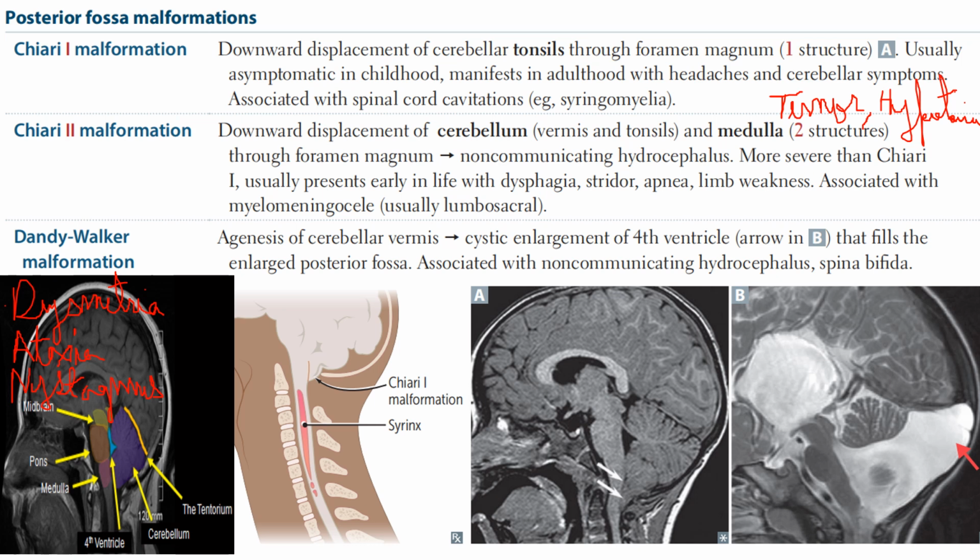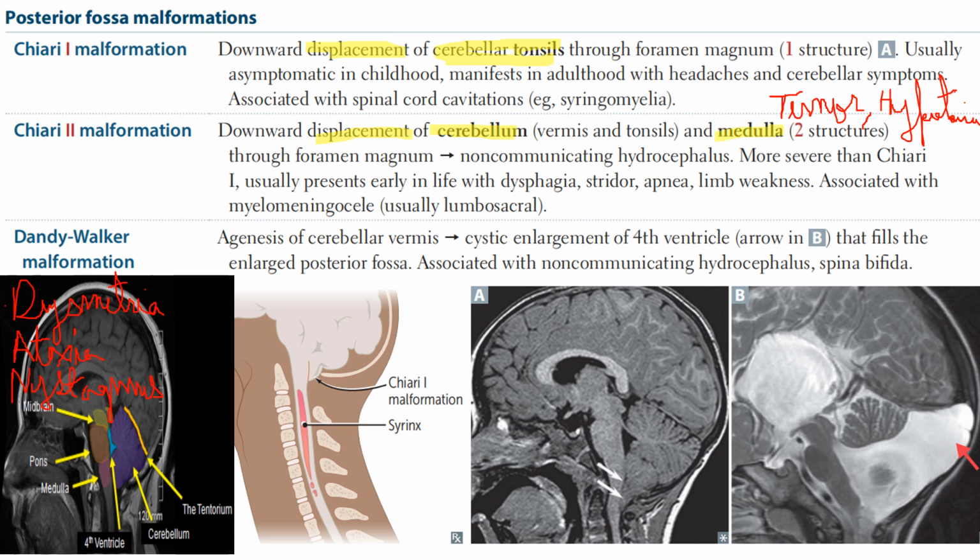So the two of them, let me just highlight it. In Chiari I, we can see that there's a displacement of cerebellar tonsils. This is the one structure, and here in Chiari II we have the displacement of cerebellum, which includes vermis and tonsils, and the medulla.